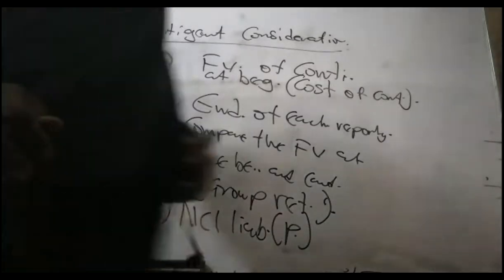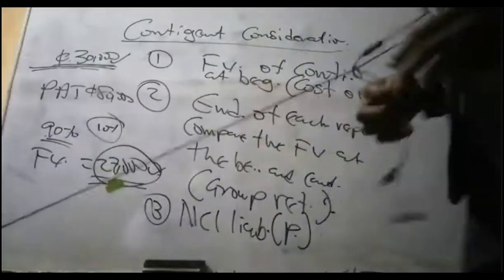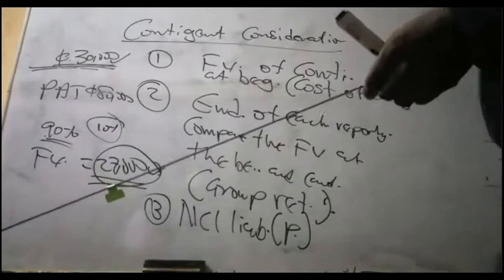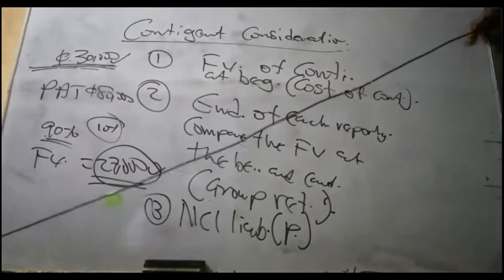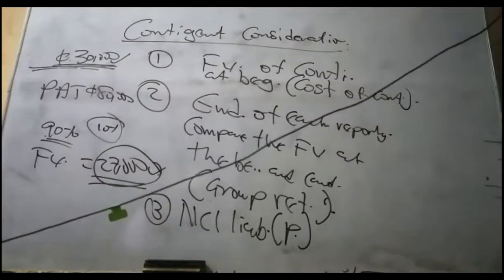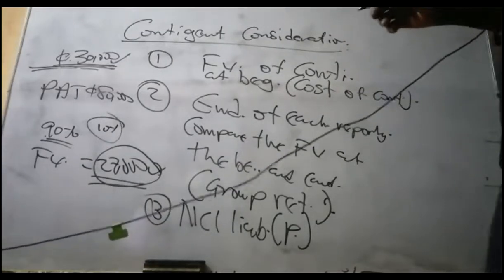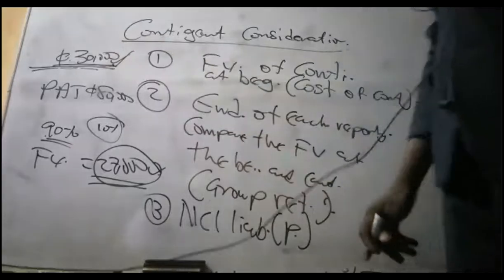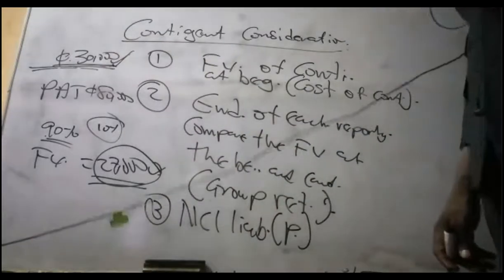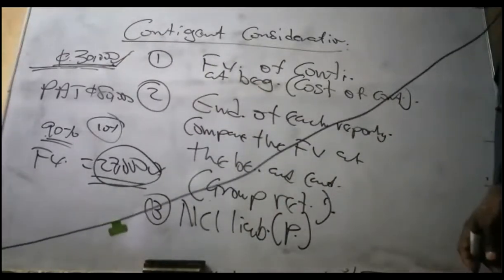So in short, this will be the accounting treatment. First, the 30,000 will go to cost of consideration because that's the fair value at the start of the year. Agreed.